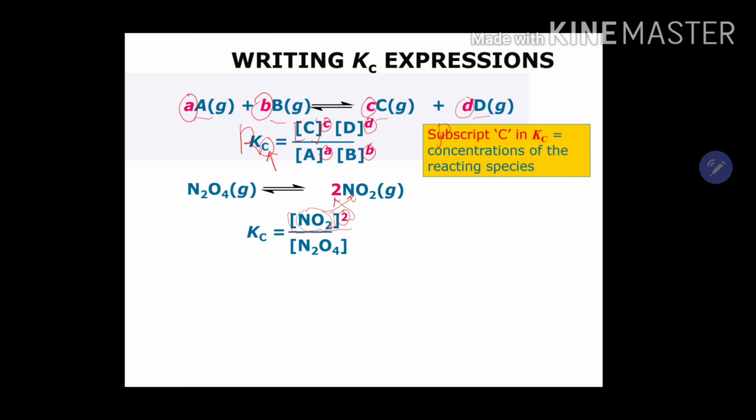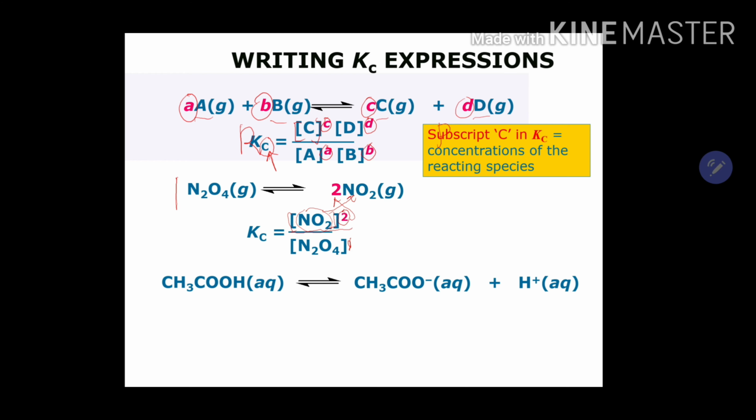Divide by the concentration of N2O4. N2O4 has 1 mole, so the coefficient of N2O4 is 1. But 1 is not written in the equilibrium constants expression.